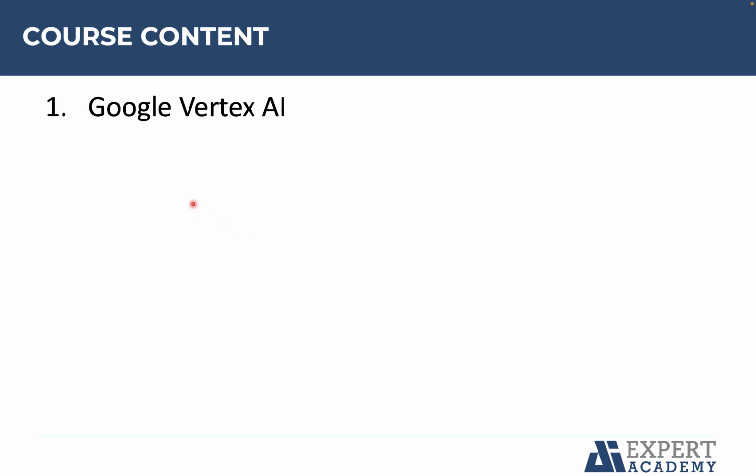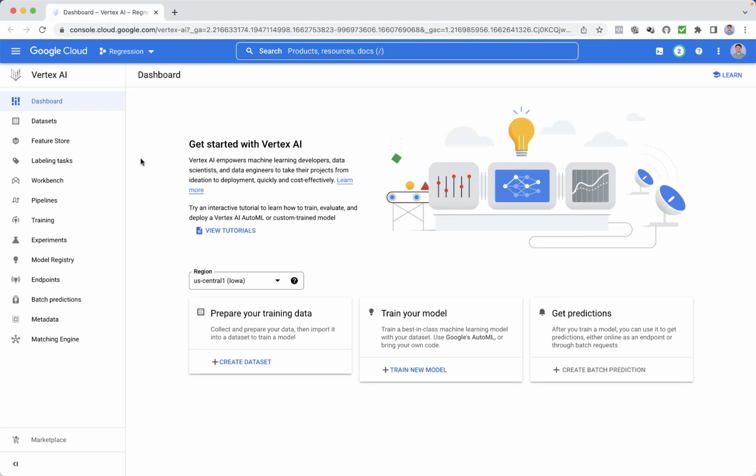The first tool you are going to learn is Google Vertex AI. I'm accessing the website of the tool. As you can see, it is 100% online, so you don't need to install anything on your own machine.